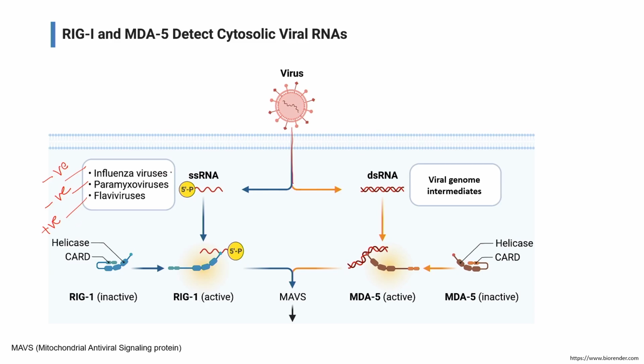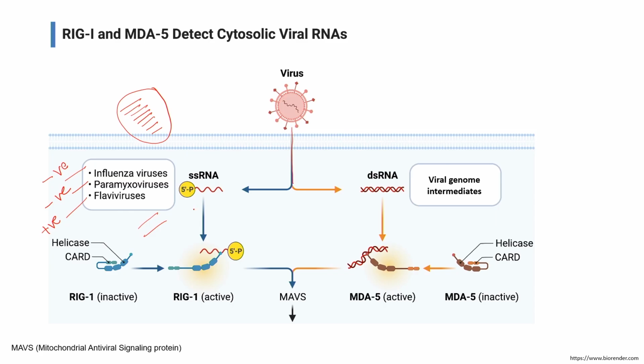And of course there are other differences, like in influenza we see that the genome is segmented. So the genome is coming in multiple segments, sometimes the segments are 8 in number, and they are coded by a viral RNA polymerase into proteins differently. So these are segmented, while paramyxoviruses and flaviviruses have a single RNA molecule in their genome.